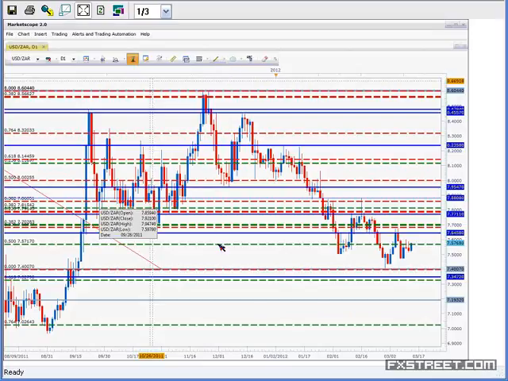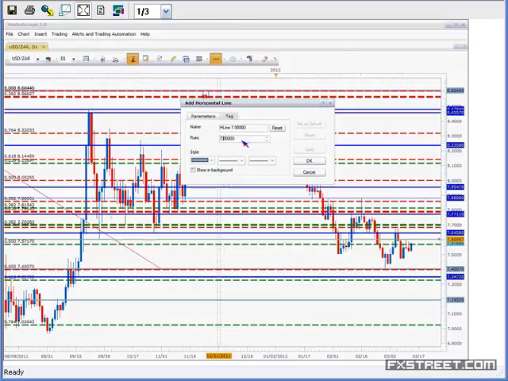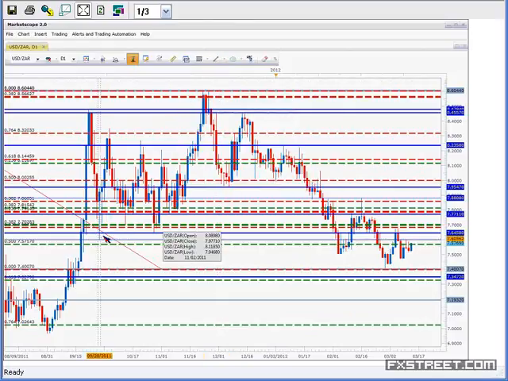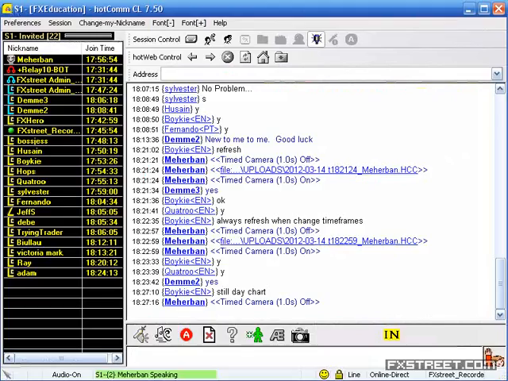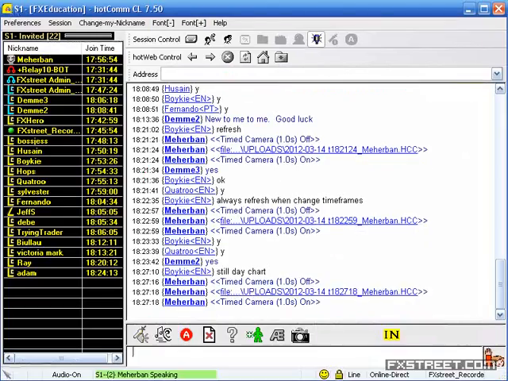59.78. Yeah, it's a daily chart. I'll refresh it again. And now I'm looking at the daily chart.